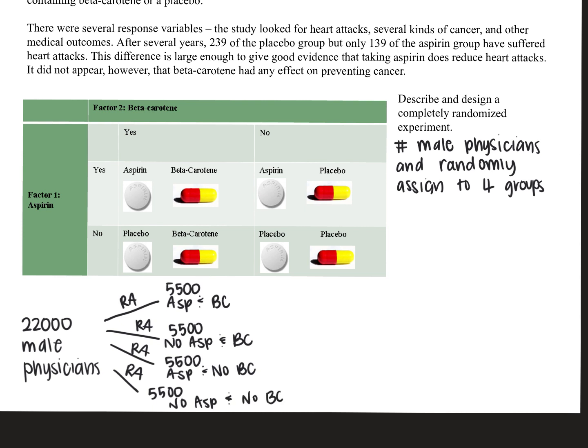And then what happened is after our experiment was over, we compared health outcomes between the 4 groups.